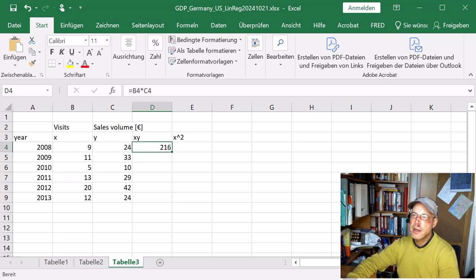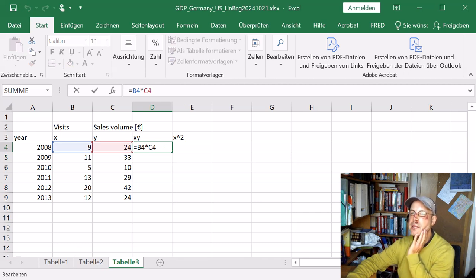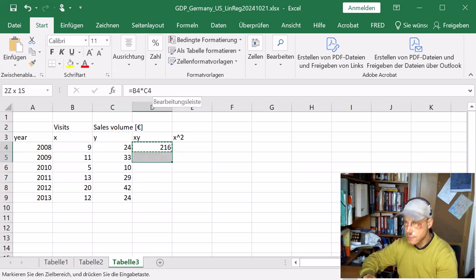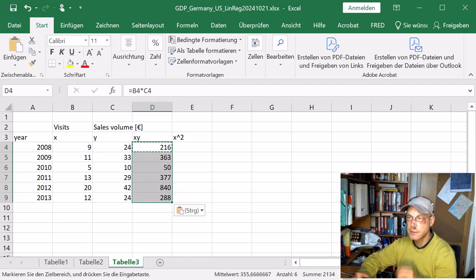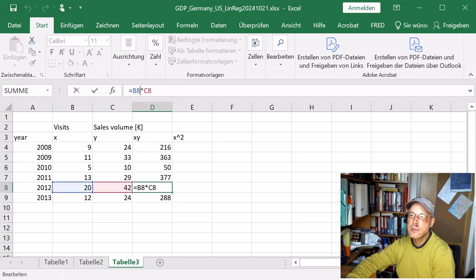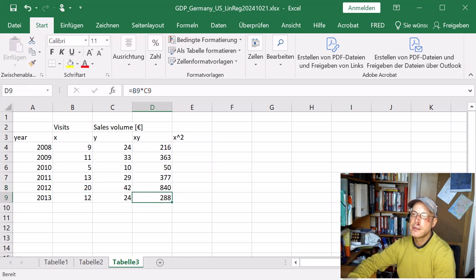And since we have here our formula, if you click in it, then you see that it is highlighted what you have done. And we can just copy this down here. And then we have always, for example, 20 times 42, and this is 840.